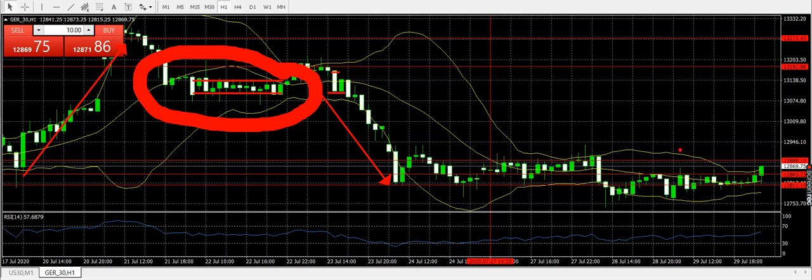So that candlestick there that I'm just drawing this line through is when the market opened at 8 o'clock this morning. The DAX opens at 8 o'clock European time, which is 7 o'clock UK time, and it closes at 10 o'clock European time, which is 9 o'clock UK time.